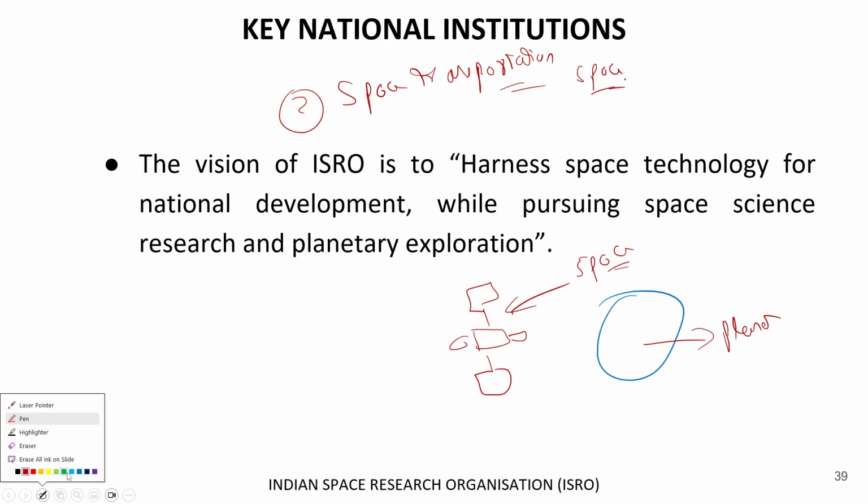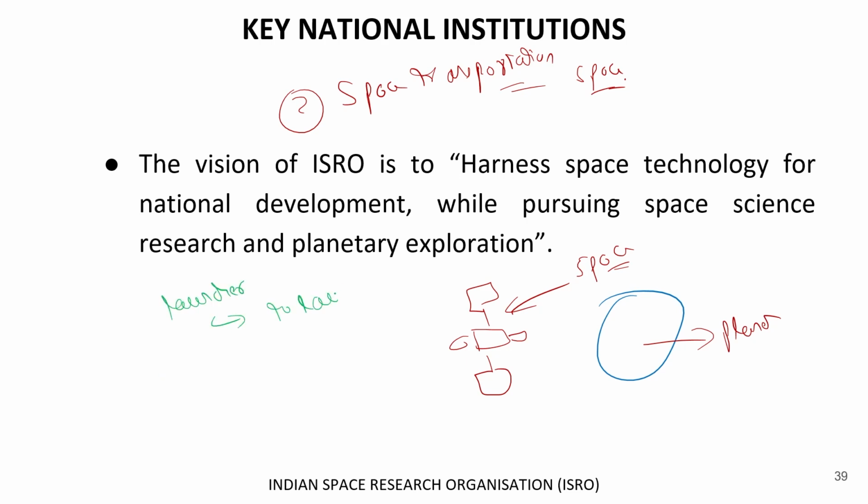It means that if the satellite is in space, it has been transported to space, and this required a launcher to launch a satellite in space. I will tell you about the launchers in this lecture. Till then, just remember we have developed various launchers which are used to transport the satellite into space. This was the second distinct feature.